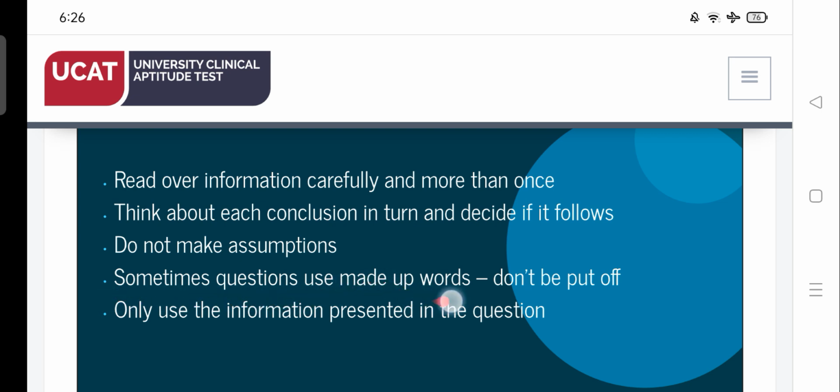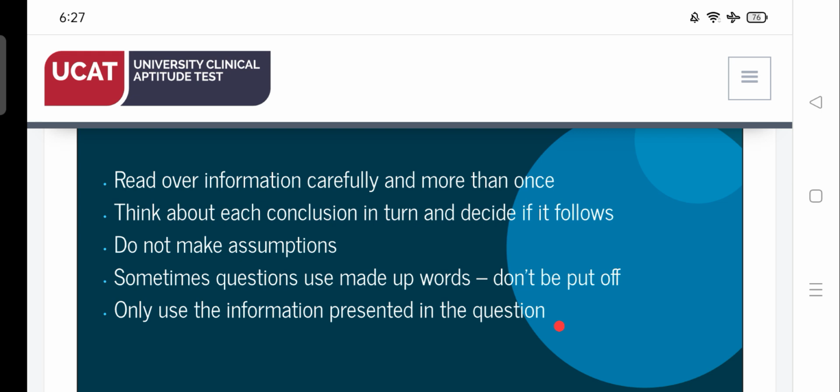Sometimes questions use made up words. Don't be put off. There are some made up words that some questions use. You don't need to be put off by these words. Just try to understand these words very carefully. Only use the information presented in the question.